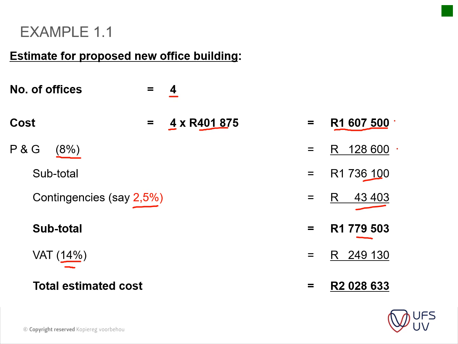Just note contingencies is an item that's always added when you do an estimate, because you're not 100% sure of what the cost will be. So you always add a bit of contingency to allow for the unforeseen. The only place where you won't have a contingency is when you get to your final account.